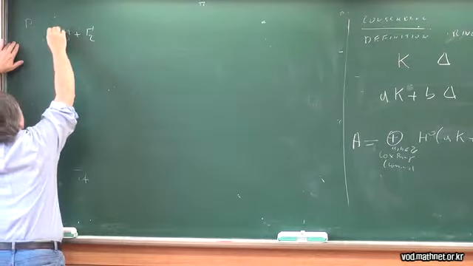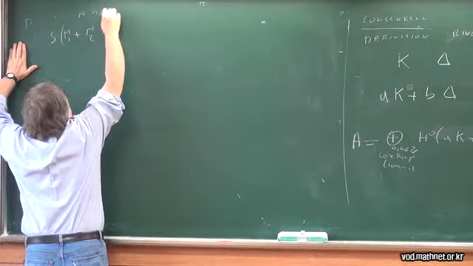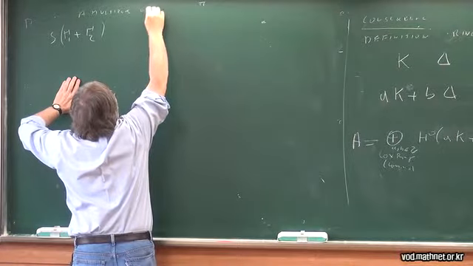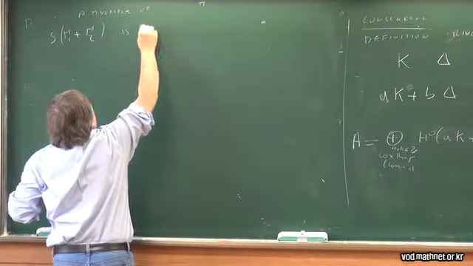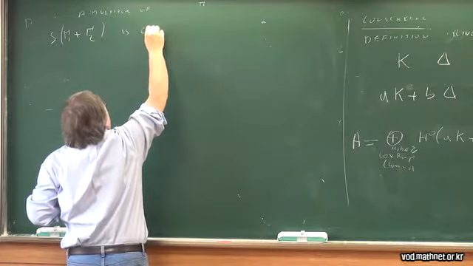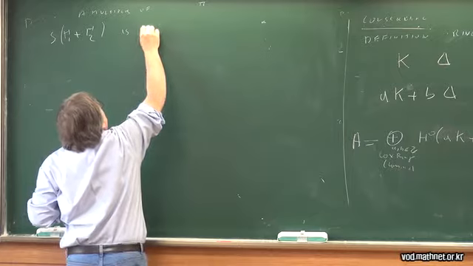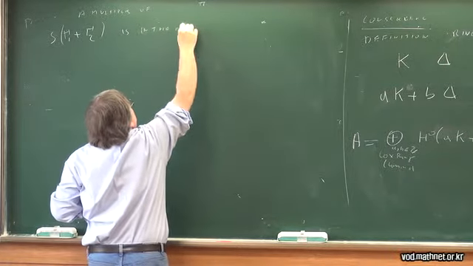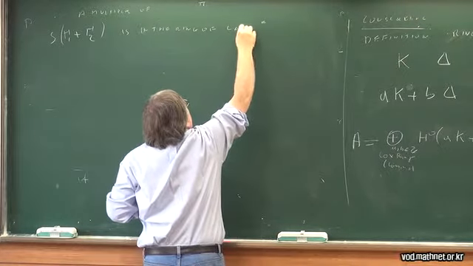Now I take a multiple of gamma 1 plus gamma 2, which is in the ring of canonical divisor.